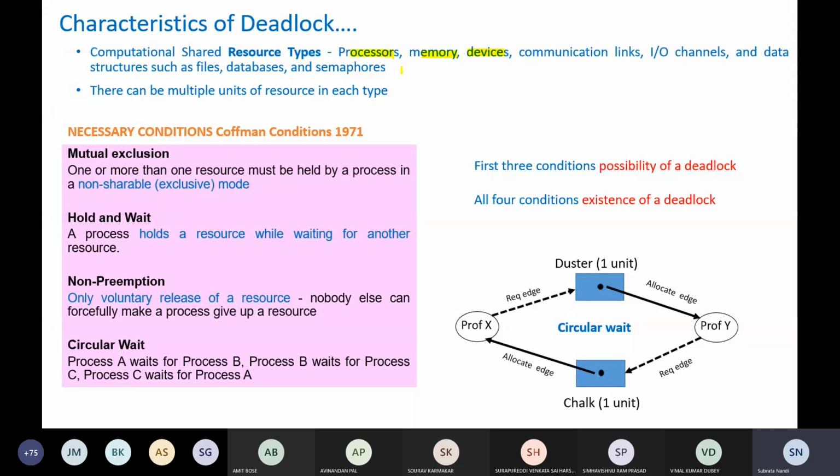So in 1971, it was long back when simultaneous or concurrent processes were allowed in a time shared operating system, Kaufman identified four necessary conditions which lead to such deadlock situations, and these necessary conditions are easy to guess also.